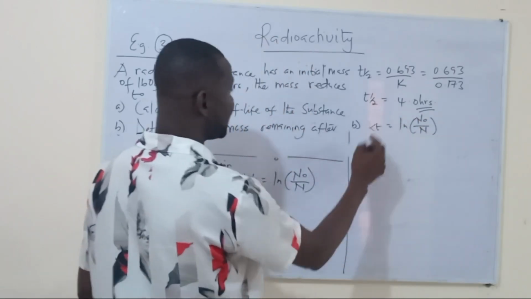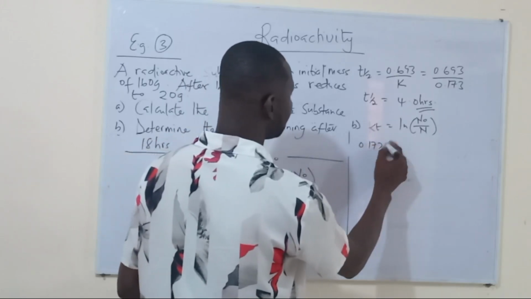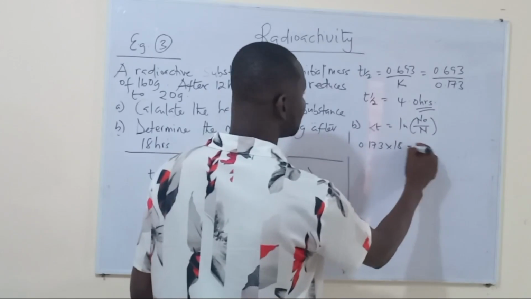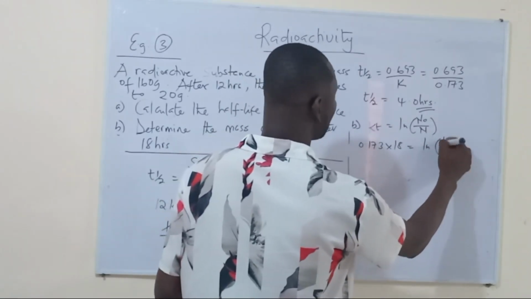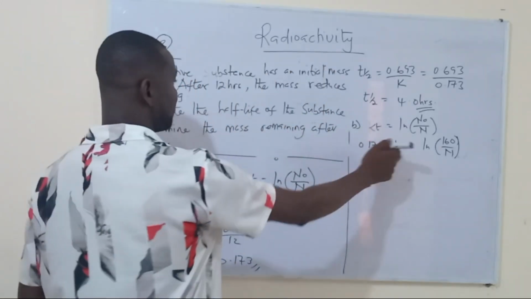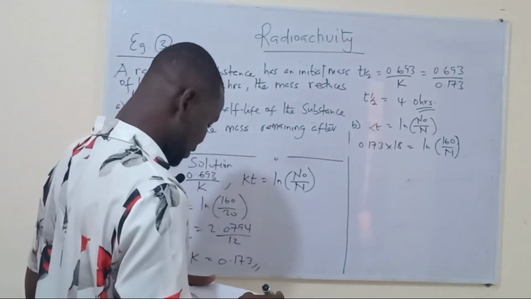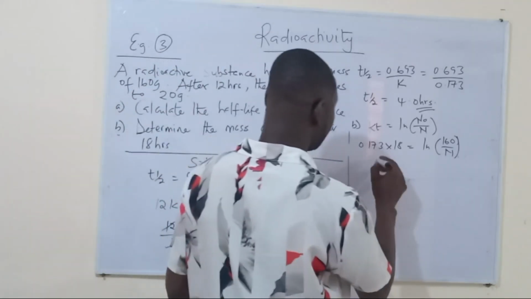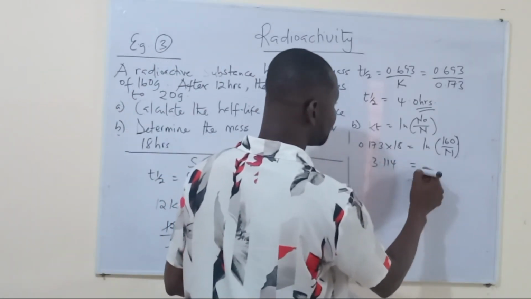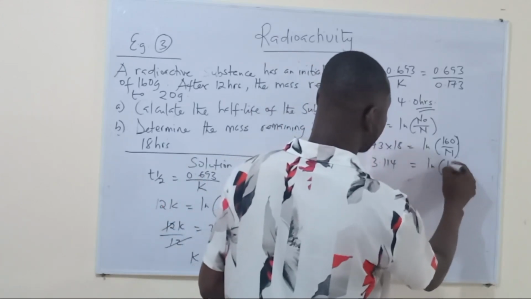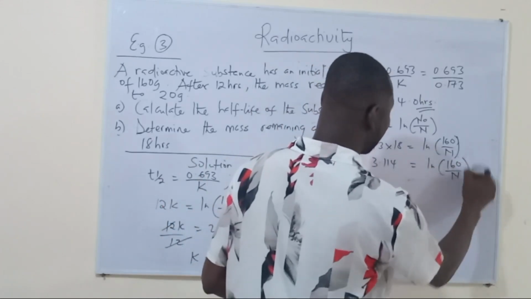My K here is 0.173, my time is 18 hours, ln of 160 over N. When I multiply this by that, you should get 3.114.